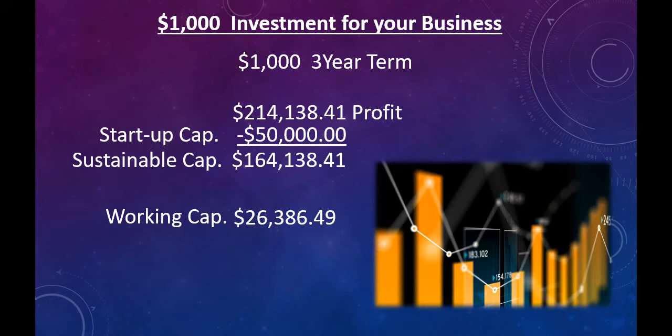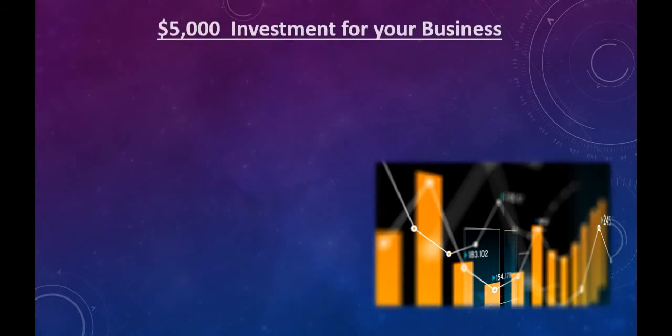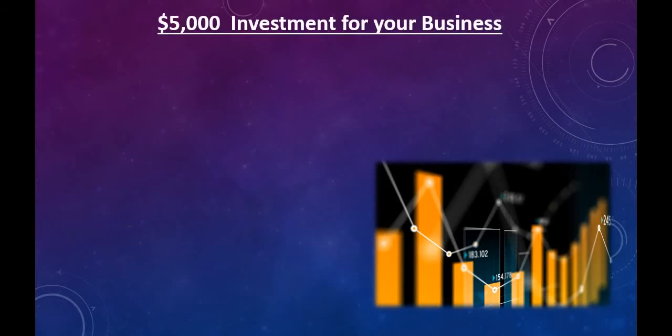$26,386.49. Okay. Now let's move on to, if we were to do a $5,000 startup for our business. Let's do that. We're going to do $5,000 for a 3-year term.